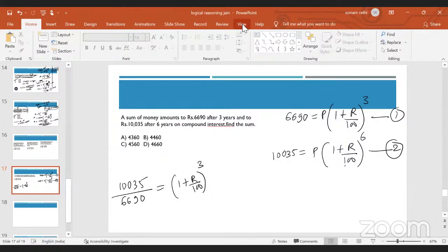Now can I work on it? Yes, please work on it. Divide this, how much will you get? What we can do is divide both numbers by 3. So this divided by 3.